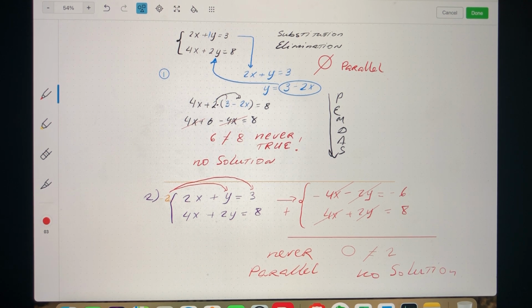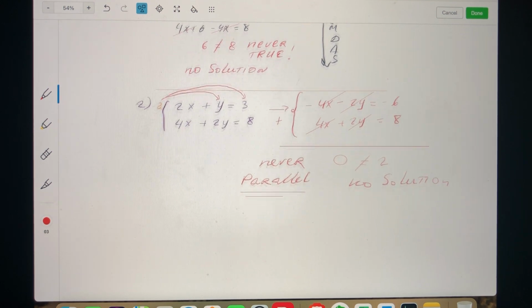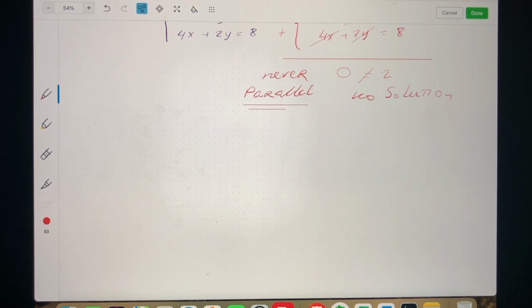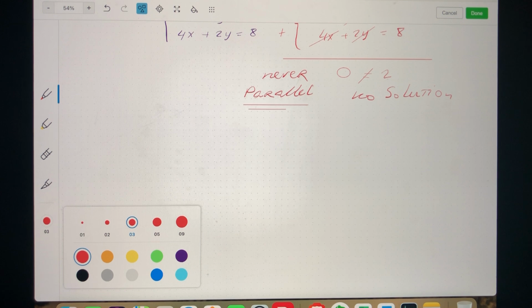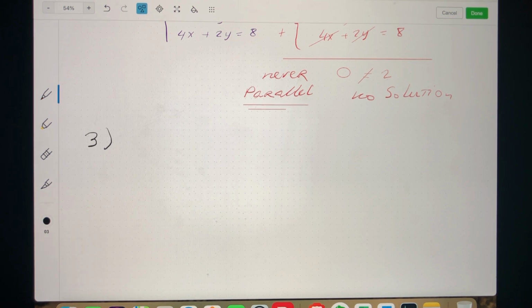Now, if we wish to visually check to see if the two lines are parallel, we would need the calculator. And to use the calculator, we need to solve each one of our equations for y. So we start back with our equations. 2x plus y is 3.